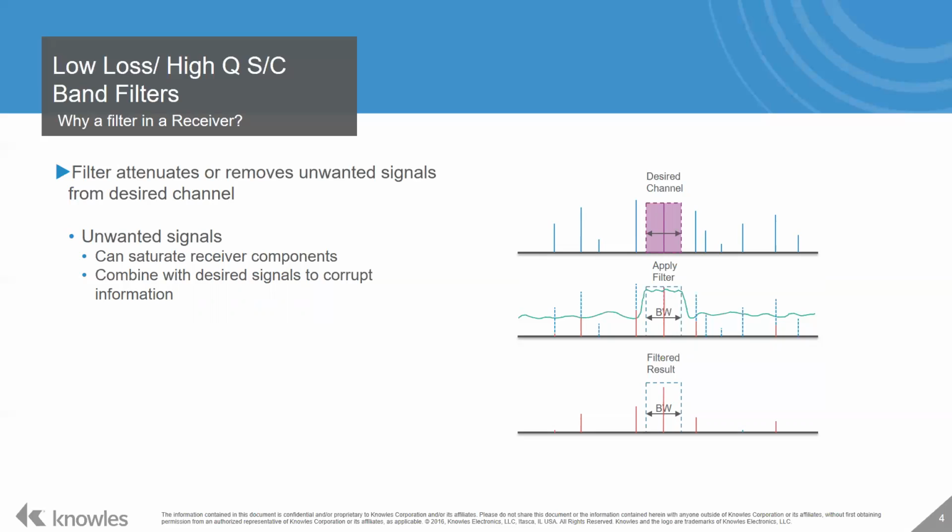You see some of those signals have dropped out. They've gone below the noise floor. And other ones are reduced in amplitude from the attenuation of the filter. Hopefully what's left is a high signal in our desired channel and signals that are reduced enough in the remaining spectrum that they will not interfere with our desired channel.